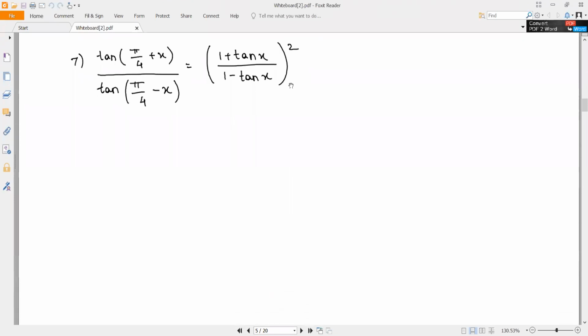Tan of something upon tan of something is equal to your right hand side. So what you can do is, we know the formula that tan A plus B is equal to tan A plus tan B upon 1 minus tan A tan B. At the same time, if you have a negative sign, this becomes negative and this sign becomes positive.